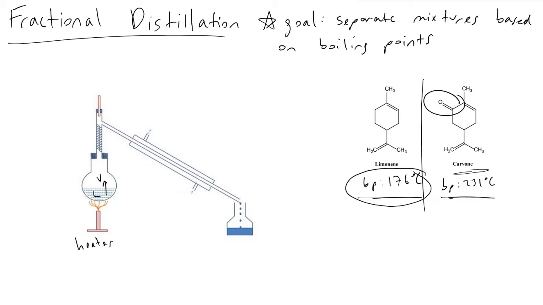And so as you're heating it, you have vapor rising, and this first thing that's getting heated, we refer to that as the distilling flask, and the vapor phase will enter something called the fractionating column.